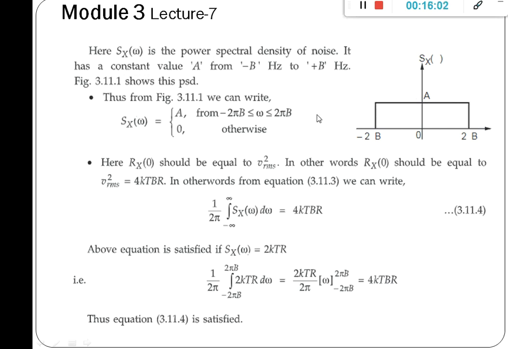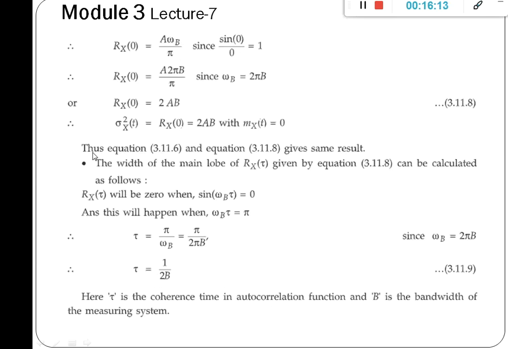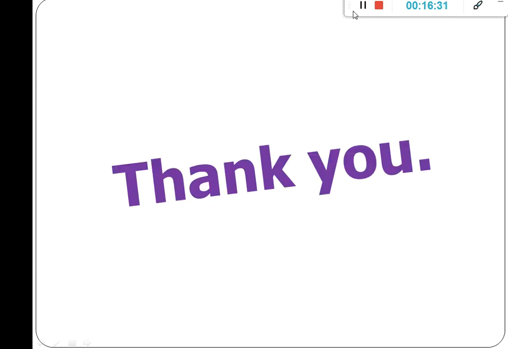So even the thermal noise can be referred to as white noise. So we are learning thermal noise and white noise in this lecture, and the value of tau is pi divided by 2 pi into B, and tau is equal to 1 divided by 2 into B here.